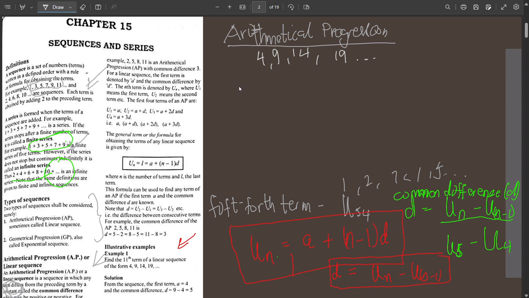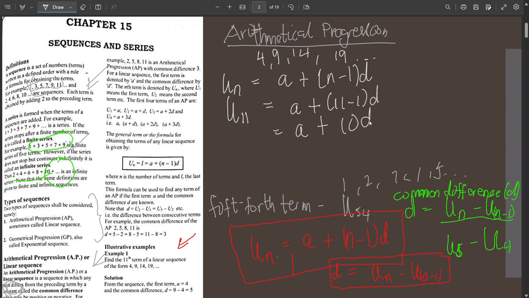So first, let's write the formula. U of n is equal to a plus n minus 1 d. In the formula, we need a, we need n, and then we need d. What is n? We are looking for the 11th term. So u of 11 is equal to a plus 11 minus 1 d, which is going to be a plus 10d.